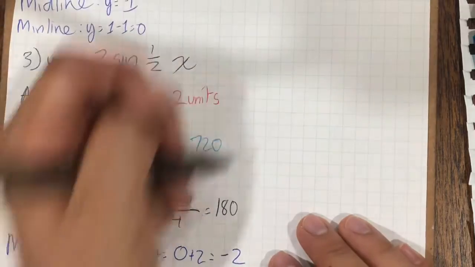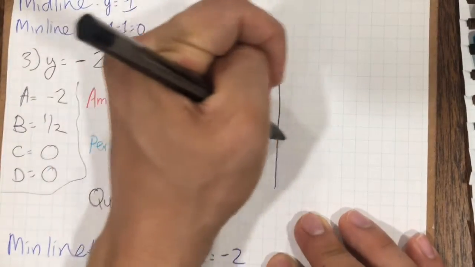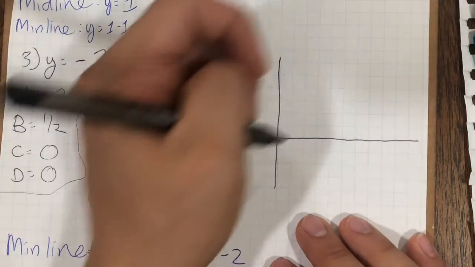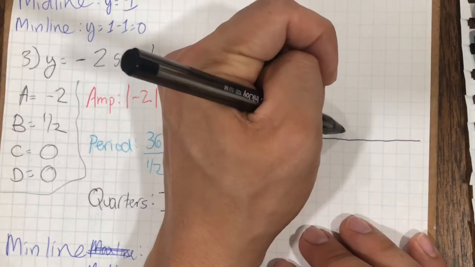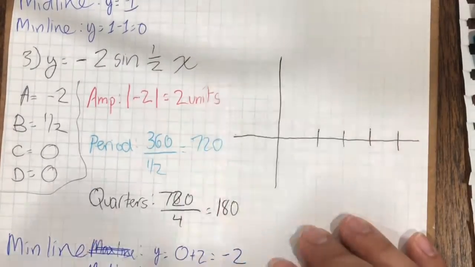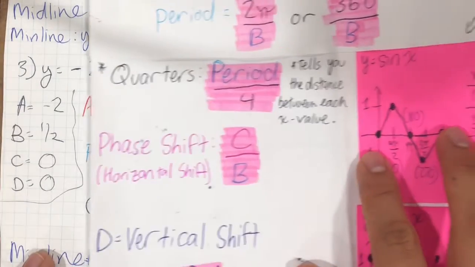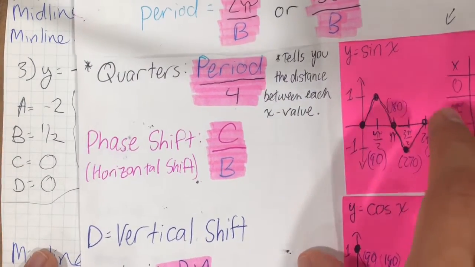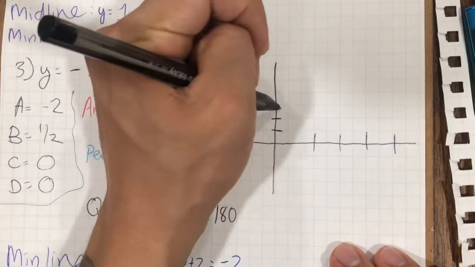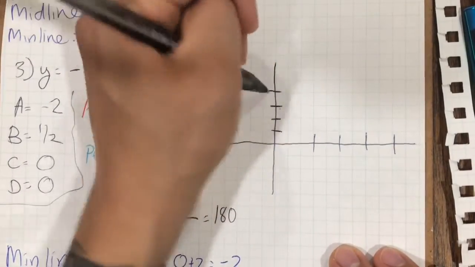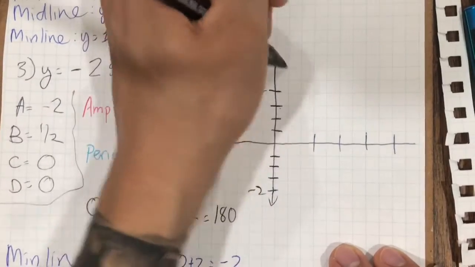All right, so let me go ahead and make my graph. So I have 1, 2, 3, 4. All right. So I start at 0, 0. Let me go ahead and draw my lines, my max line and my mid line and my min line. 2, -2. All right.